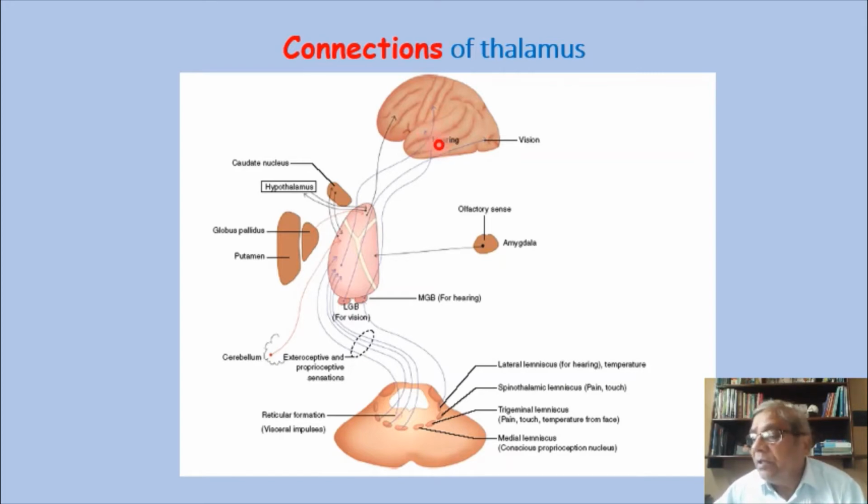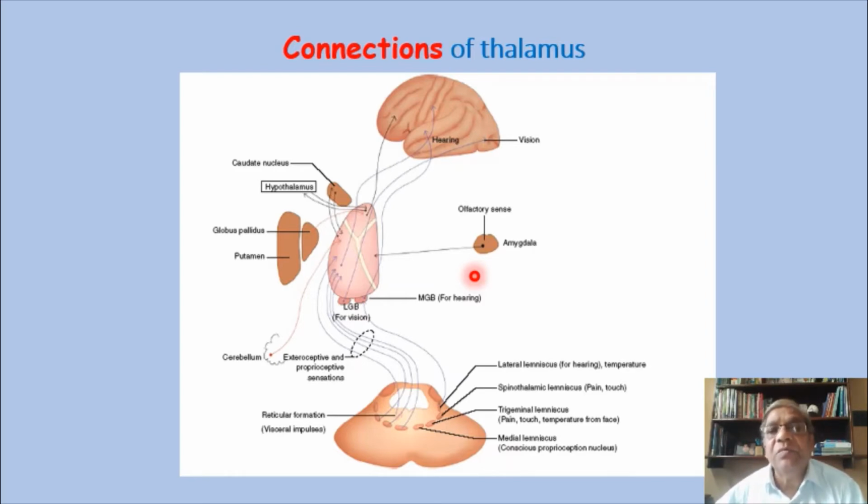Thus the sense of taste, after coming from the solitary tract, which is not shown in this diagram, will relay into the ventral posteromedial nucleus. That I will show you in the next diagram.